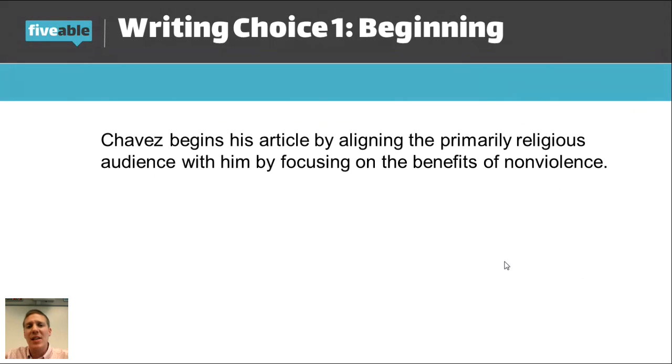I'm going to read my topic sentence again because that's exactly what it is, and I want you to hear it as such. This is my first topic sentence of my first body paragraph. Chavez, so I always have the last name, I should have the audience, and I should have the writing strategy that I'm analyzing. So Chavez begins his article by aligning the primarily religious audience with him by focusing on the benefits of nonviolence.